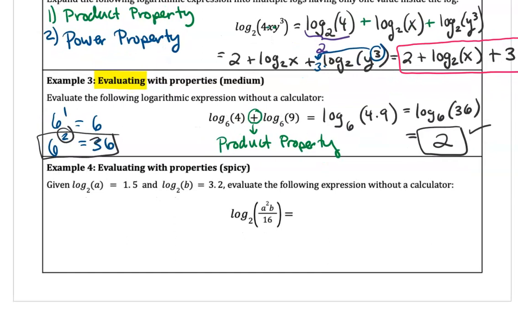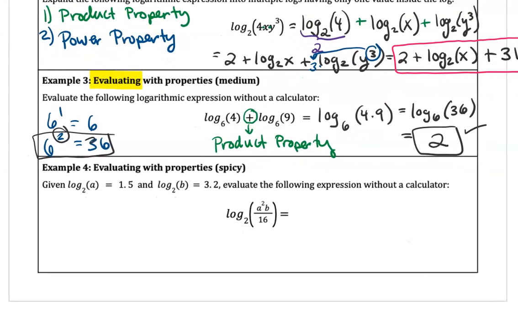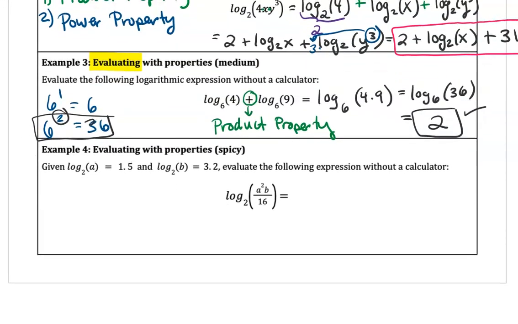Then the last one on this outline is probably what I would consider the trickiest because you have to really understand what you're being given. So I want to point out it's the log of A that equals 1.5 and the log of B that equals 3.2. A does not equal 1.5 and B does not equal 3.2.